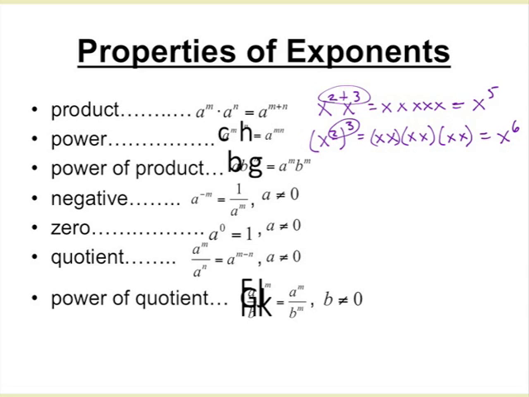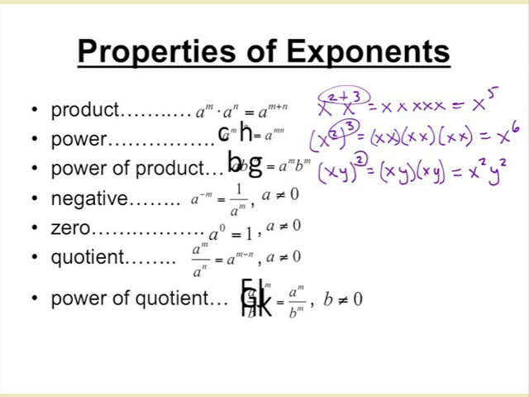The power of a product says if I have something that has a product on the inside with a power on the outside, well, xy squared would be like xy, xy. So if I try to clean that up and put all my x's together, I have x, what? Squared and y squared.